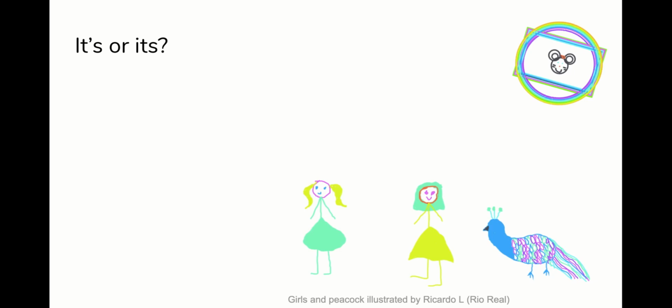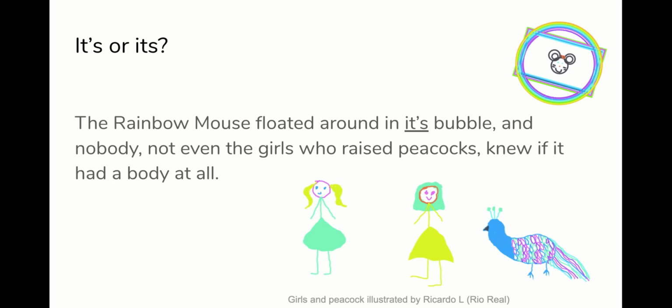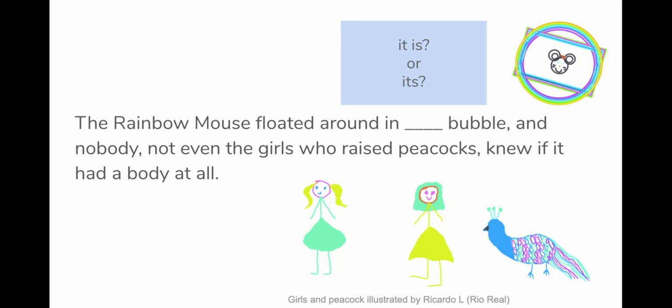Last one, it's or its. The rainbow mouse floated around in its bubble, and nobody, not even the girls who raised peacocks, knew if it had a body at all. So quick shout out to Ricardo L. for drawing the girls and the peacock that will be joining our series. So in this case, is it it is bubble or its bubble?